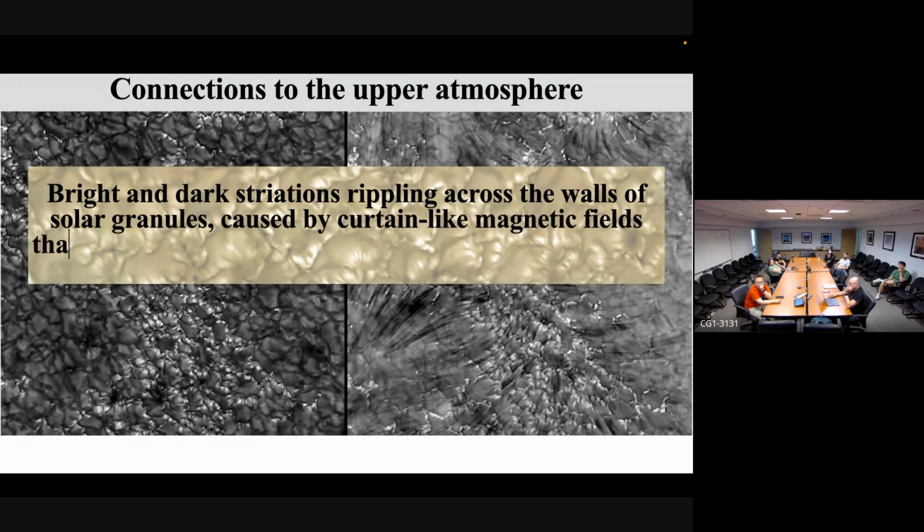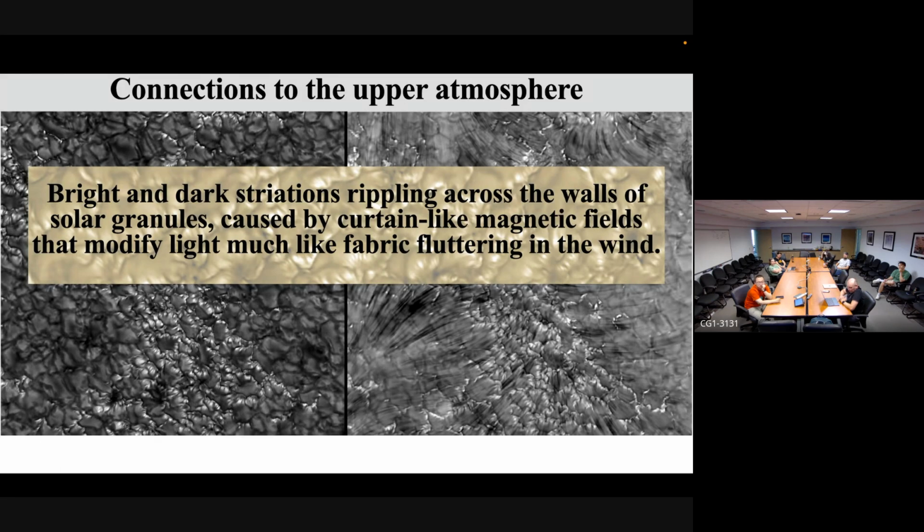Now, when we published this work, we also wrote the NSO blog and press release for the general public, and in that press release we used the analogy of a curtain, the magnetic curtain, just to deliver the results to the general public in an easy way.